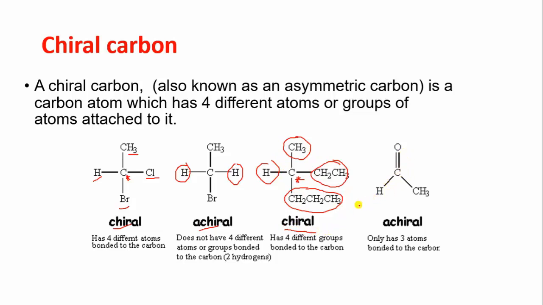In this example, you can see it does not have four different groups. That's why it is achiral. Simply remember, a carbon which has four different groups or atoms is called a chiral carbon.